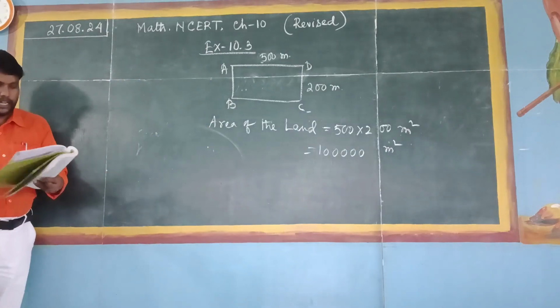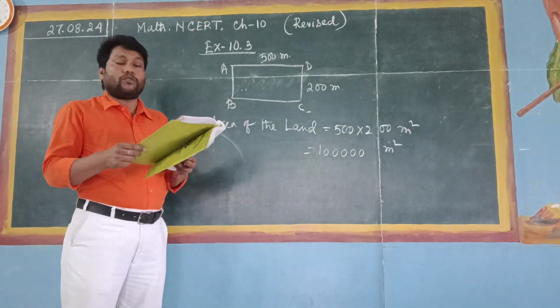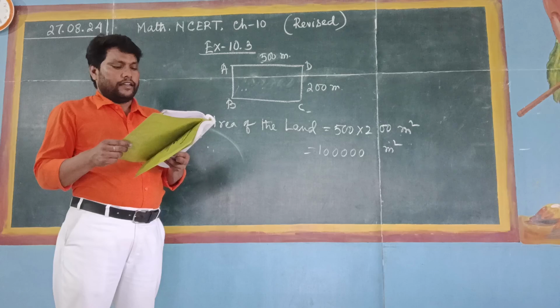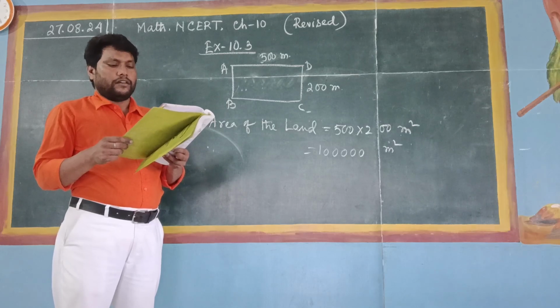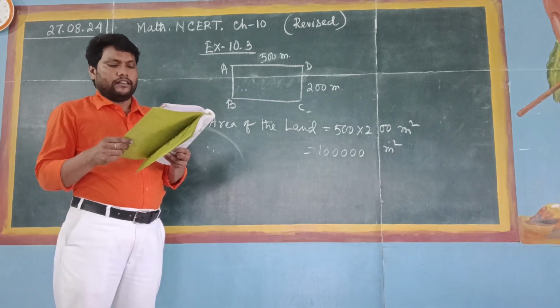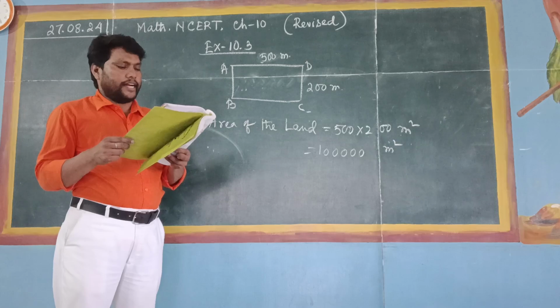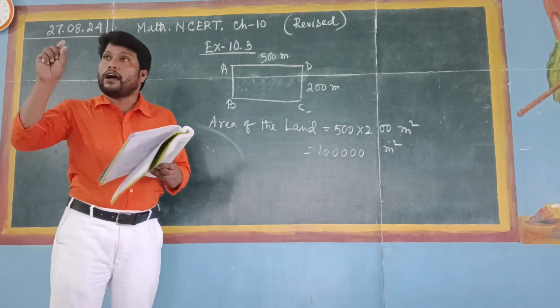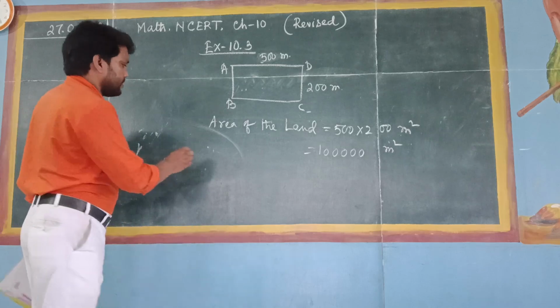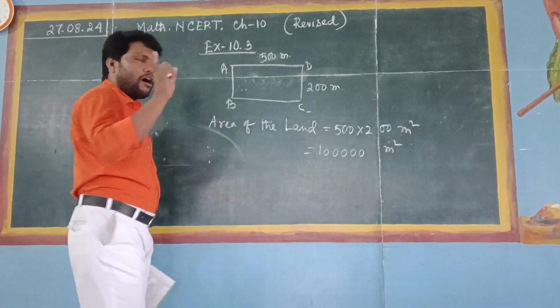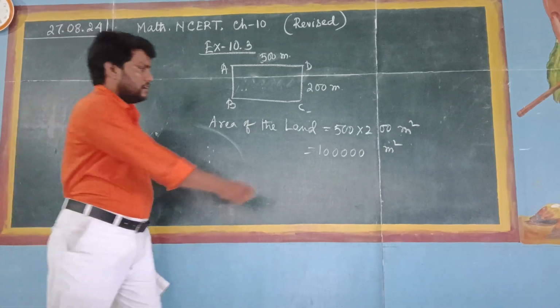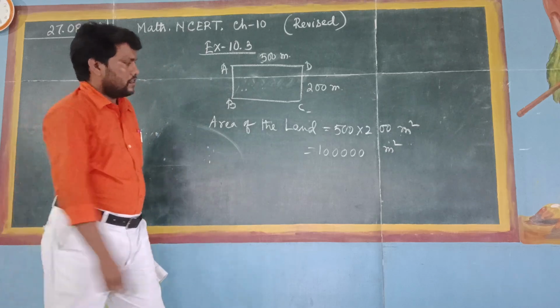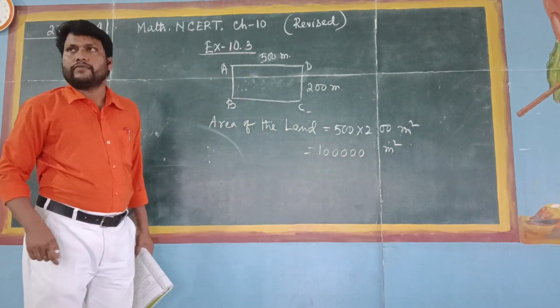Now, what is the question? What is the cost of tiling the rectangular plot at the rate of rupees 8 per 100 meter square? That means how many 100 square meters will be within the area?